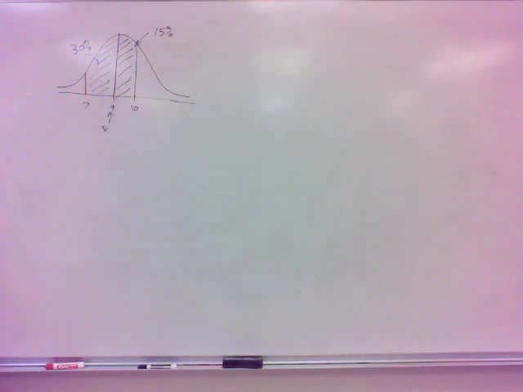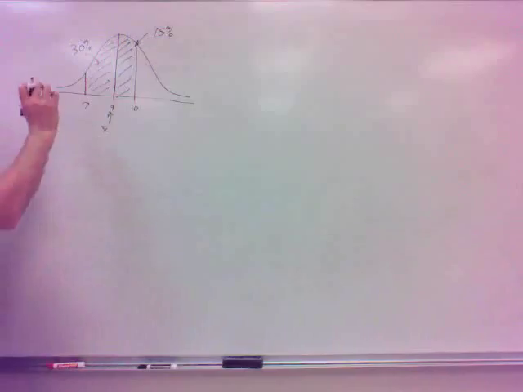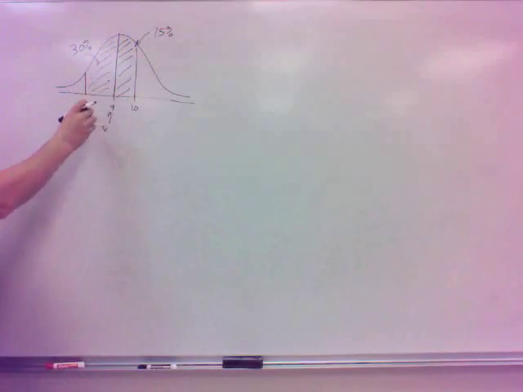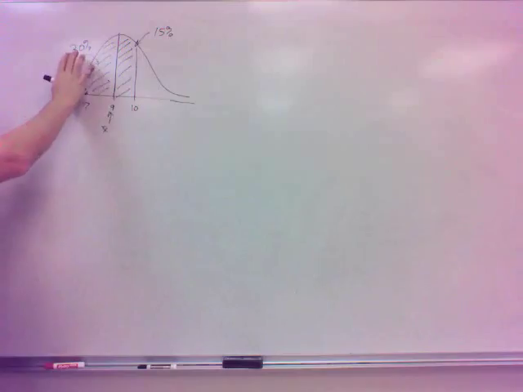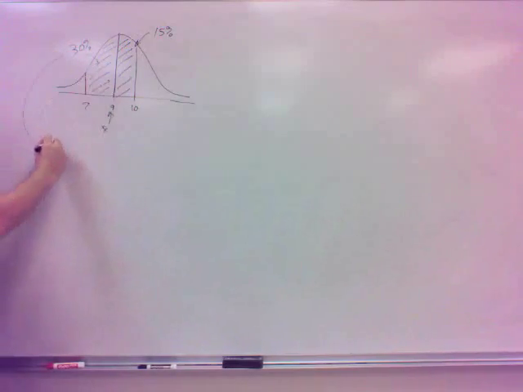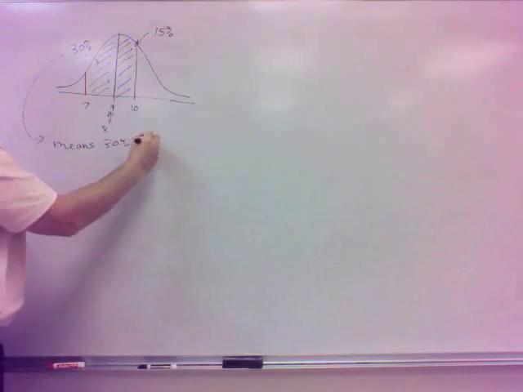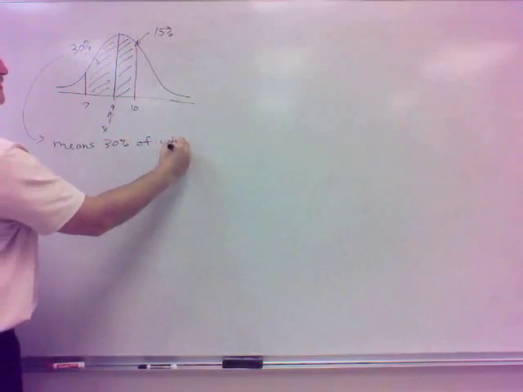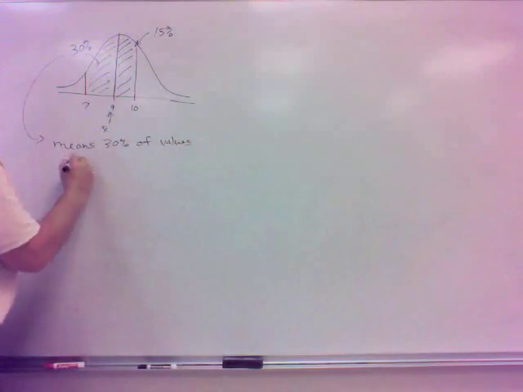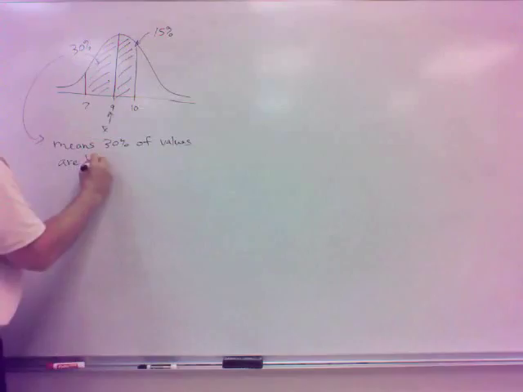But here's what we know about these percentages. What does this 30% mean? That means there's 30% of the values between 7 and 9. You with me on that?